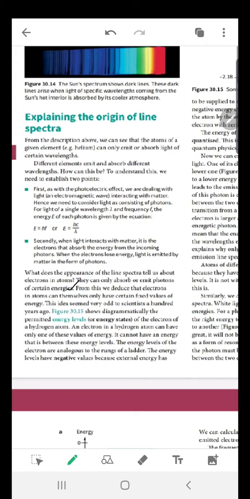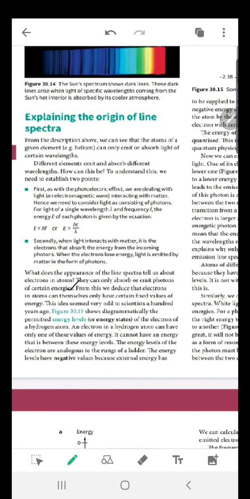For each threshold frequency, basically your photon should be that much energetic so that it has the ability to make your electron that much excited that it leaves your atom or it goes to another level. Okay? So you need that minimum amount of threshold energy, or frequency. They can only absorb or emit photons of certain energies, of course.